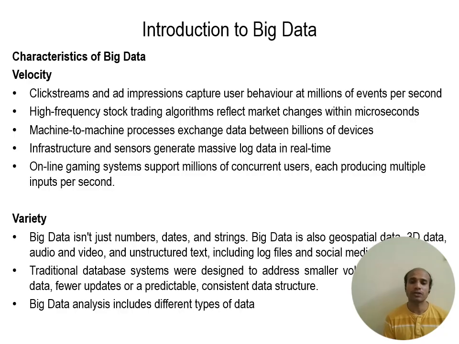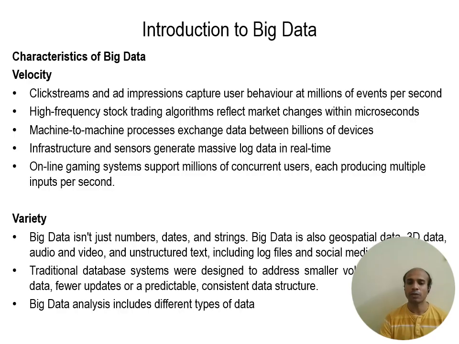So click streams and ad impressions capture user behavior at millions of events per second. High frequency stock trading algorithms reflect market changes within microseconds. Machine to machine processes exchange data between billions of devices. Infrastructure and sensors generate massive log data in real time.